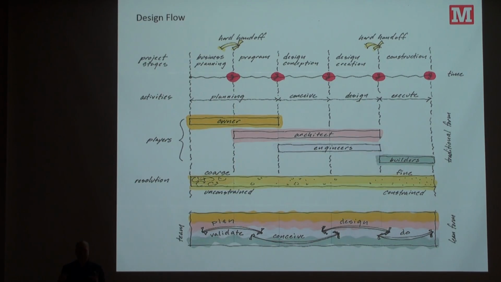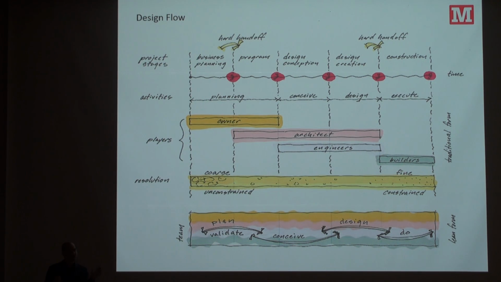So let's take a step back and just talk a little bit about design process for a second. Right up here, these are the design processes from the lean IPD world. But you can think of them as conceptual design, design development, schematics, and all of that stuff. This is the lean version. In a traditional design, you see a separation of the owner, the architect, the engineers, and the builders.